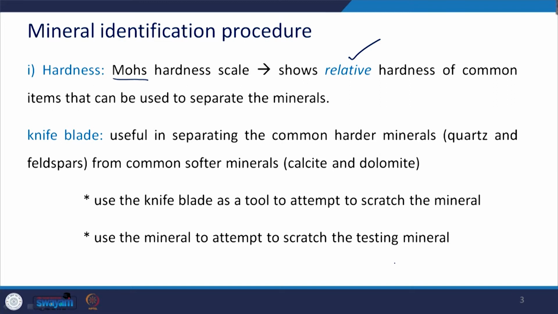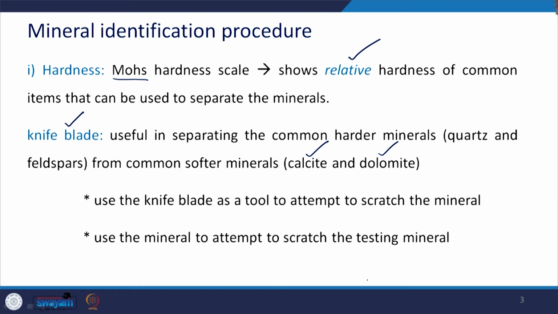So here the hardness is not in absolute terms but in relative terms. Now we need to use a knife blade to separate the common harder minerals like quartz and feldspars from common other softer minerals which include calcite and dolomite.